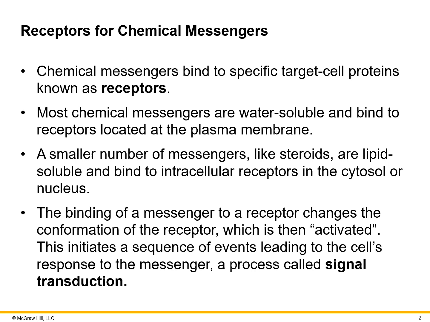Most chemical messengers are water soluble and they can bind to the receptors on the plasma membrane. A smaller number of messengers, like steroids, which we know are an example of a lipid, are lipid soluble and can bind to intracellular receptors in the cytosol or in the nucleus.